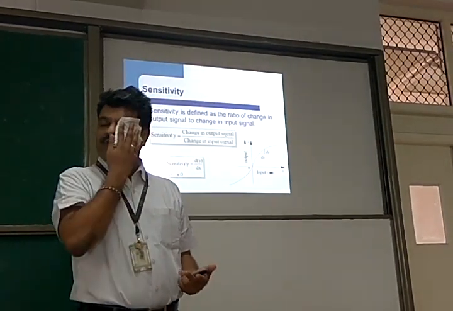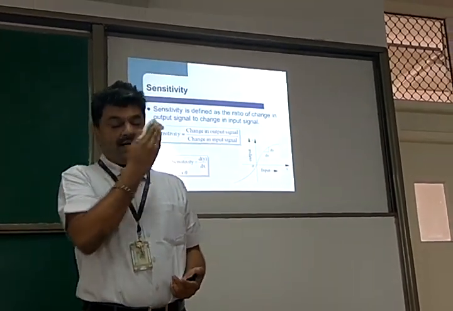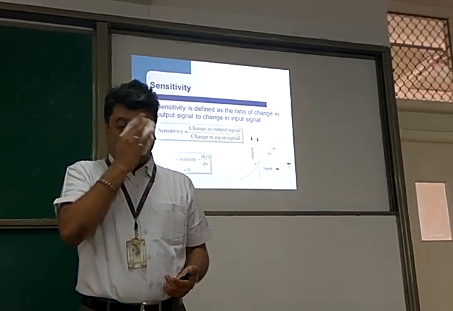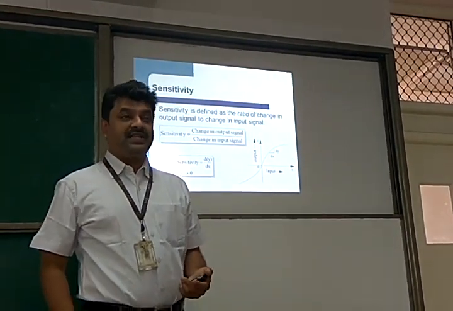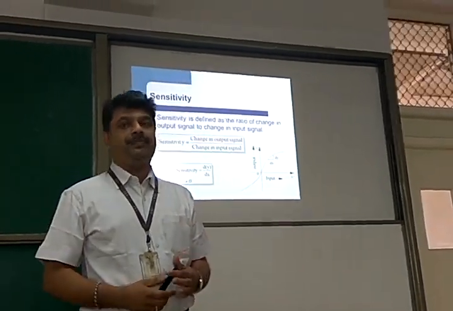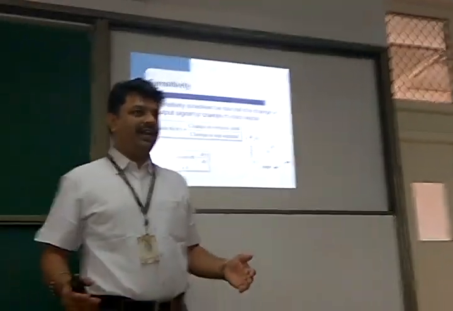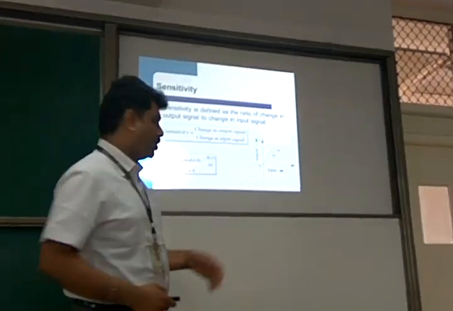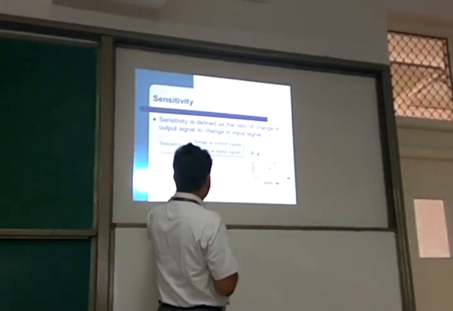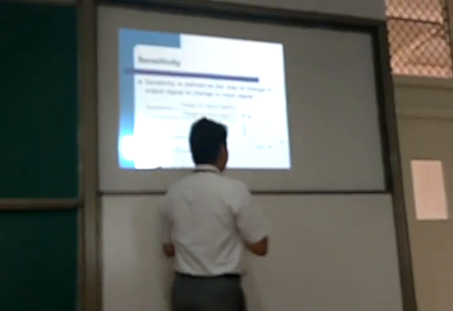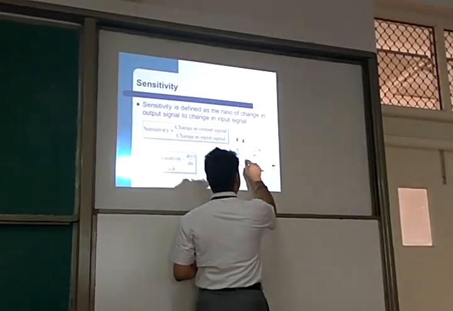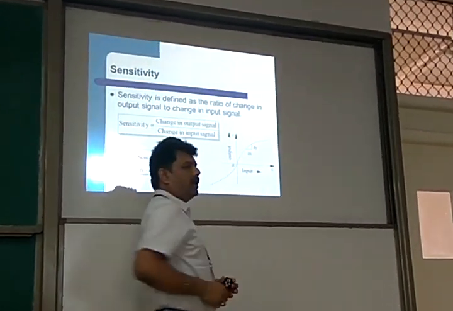It's not delta x equal to 0. It is going closer and closer to 0. That's the perfect definition of a point, isn't it? A line with almost 0 length is a point. So at a given point, the sensitivity you compute as dy by dx.